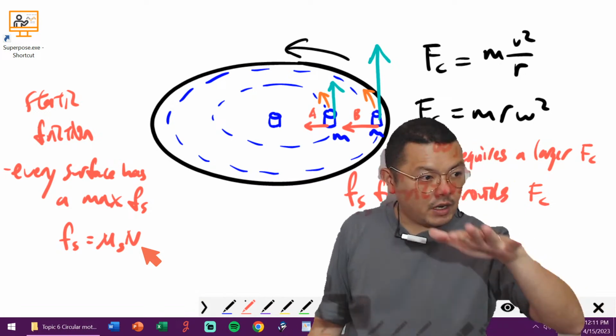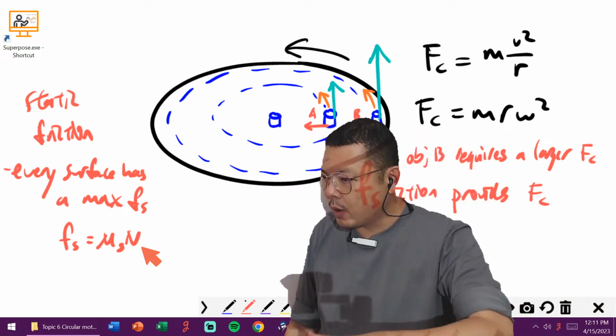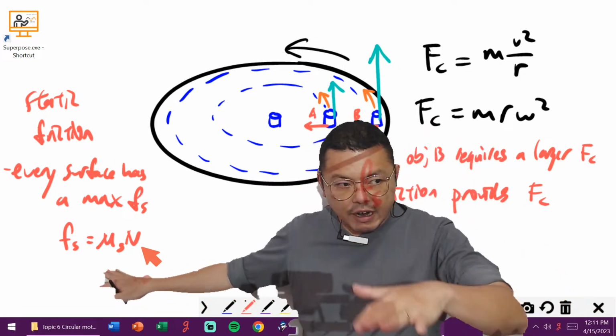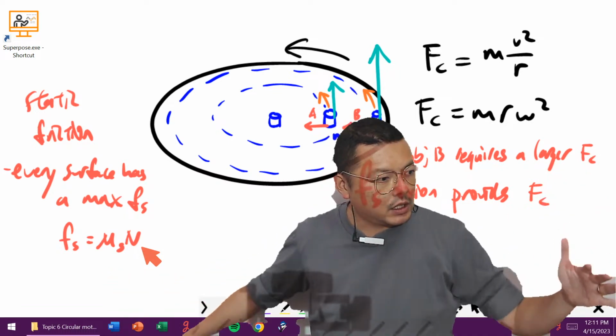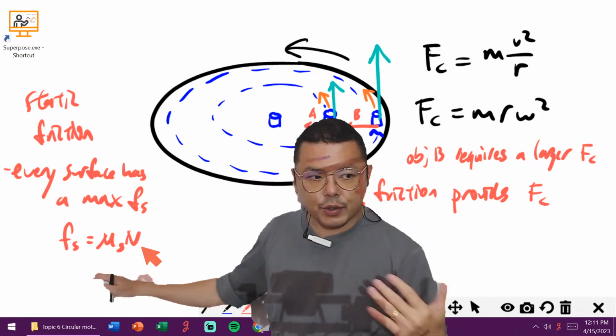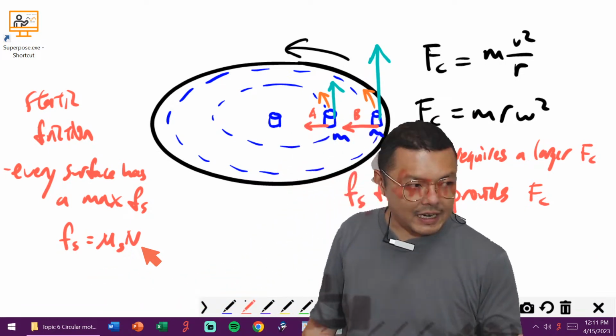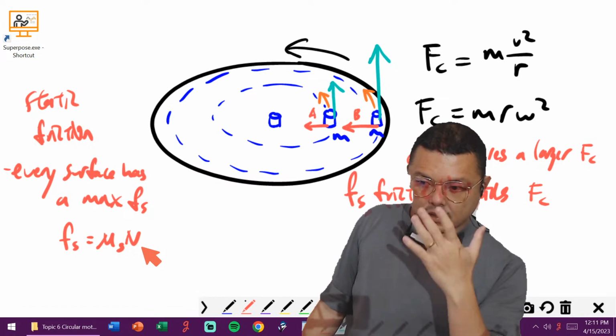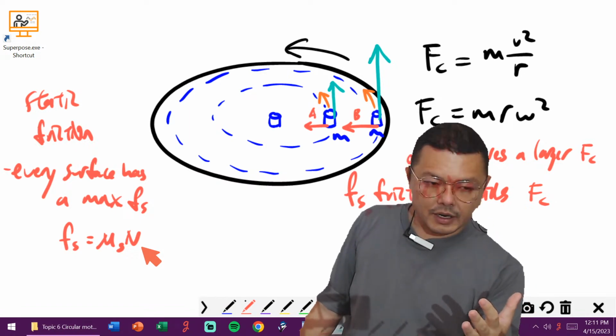Mu s will be very low, a very small amount. If it's a very rough surface, then mu s will be higher. So rough surfaces can give more static friction. Smooth surfaces will give less static friction. You understand this?